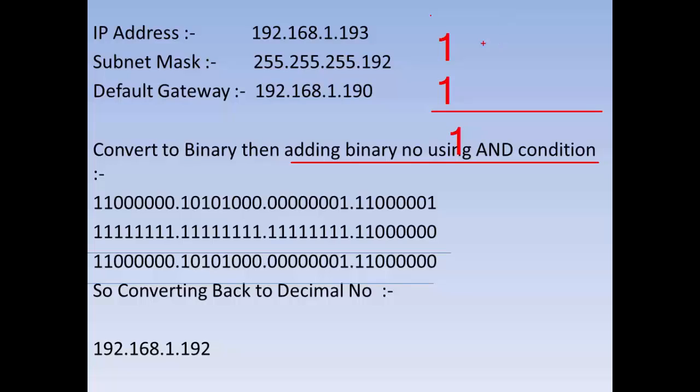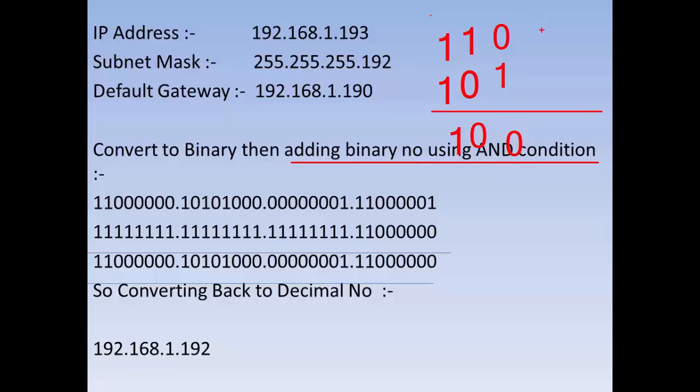Then 1 and 0, the end result will be 0. Then 0 and 1, what will be the end result? 0.